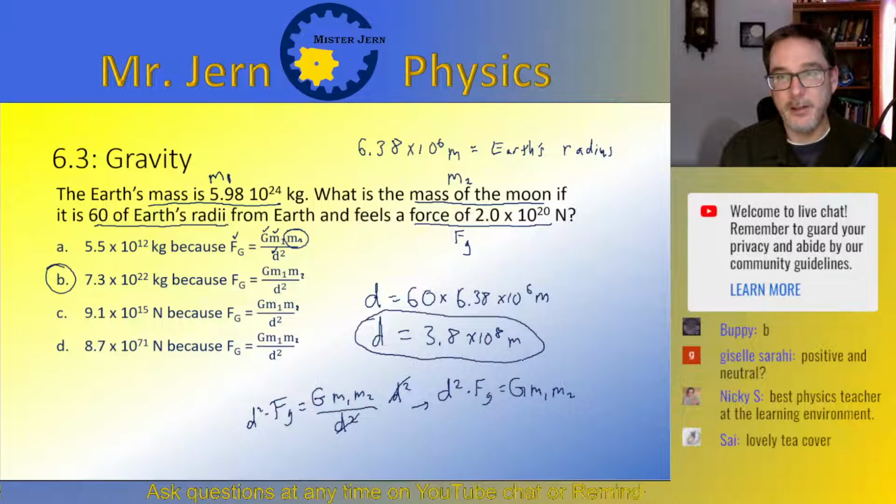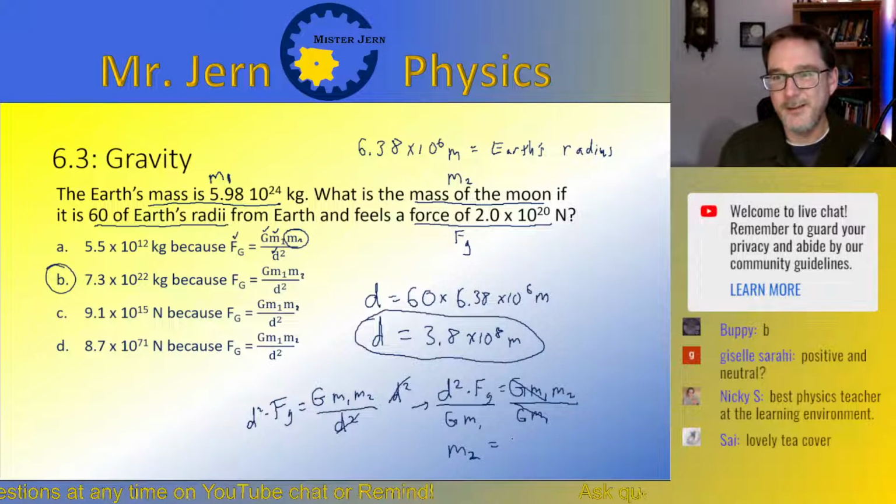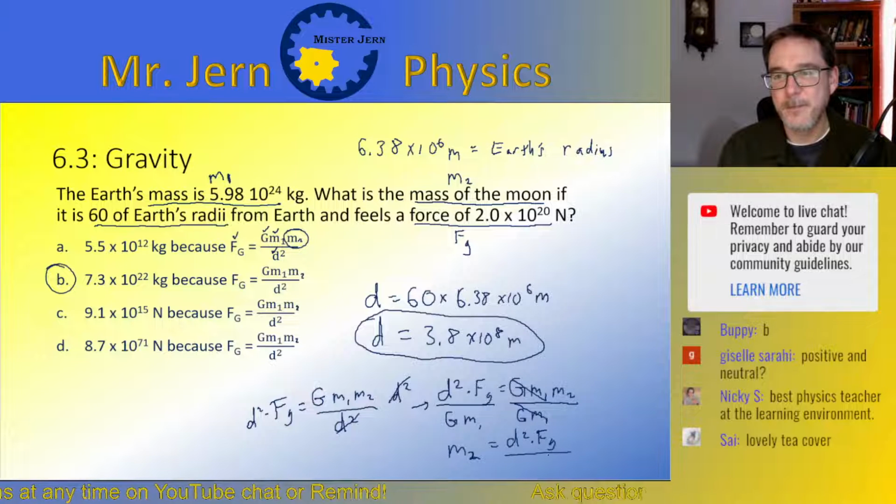I want to get m2 by itself, so these are being multiplied, so I will divide to cancel those out, G and m1. Whatever I do to one side, I have to do to the other side. So now m2, and I know I'm going fast, but this is YouTube, you can rewind it when you're ready, becomes d squared times Fg divided by that constant G times m1.